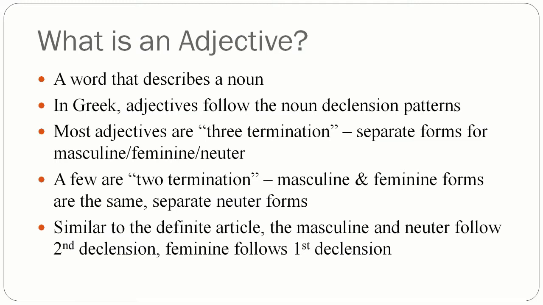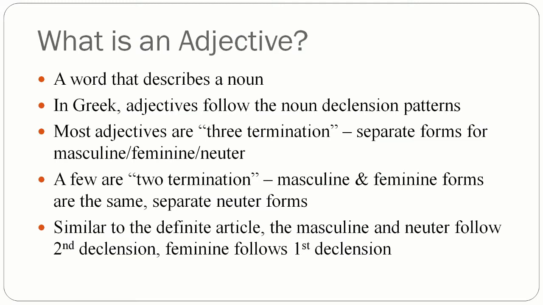Now, when we get into the forms of these, you will probably recognize this very quickly. It is like the definite article chart, in that the masculine and the neuter will both be following the second declension. The neuter will have this kind of standard variation off of the masculine, but a lot of the forms are identical, and the ones that are not are very easy to follow.